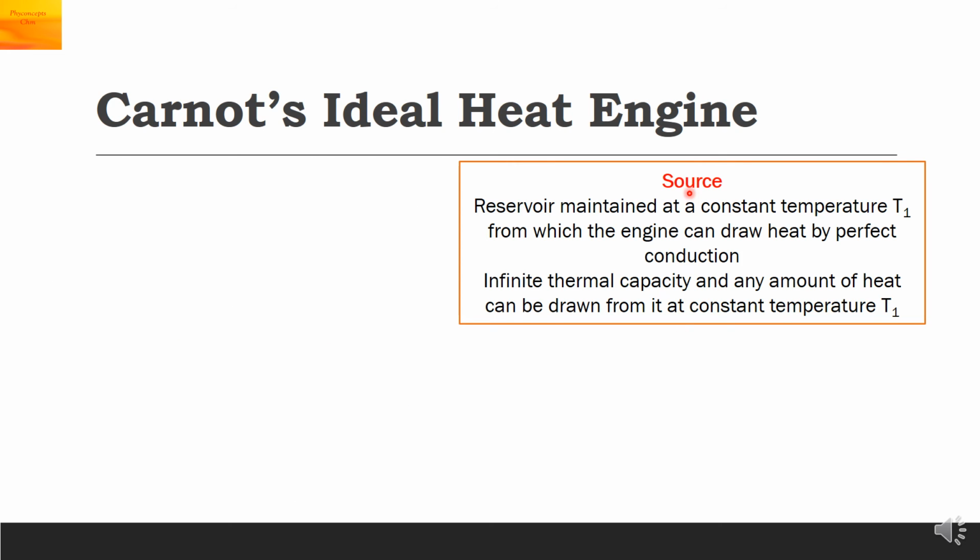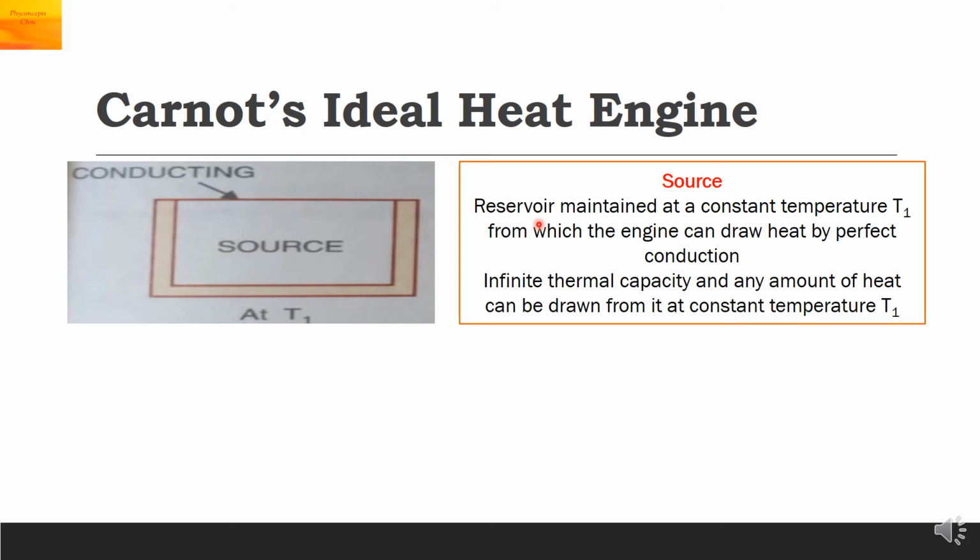Third is the source. The source can be considered as a reservoir which is maintained at a high temperature, which we denote as T1. You can see that the top part of the source is conducting, so that in one of the processes in the cycle, when we keep the cylinder on this source, heat can be transferred from the source to the cylinder.